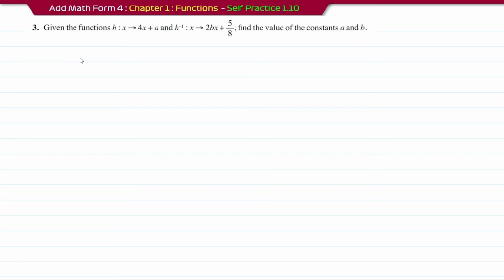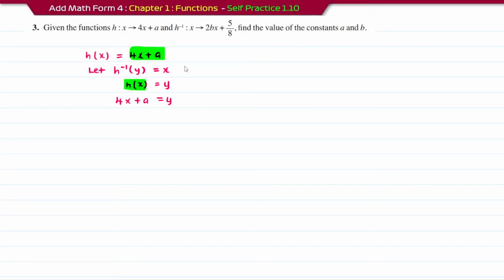So first, let us do the inverse of the function h. So first, let the inverse of h of y equal to x. Therefore, the h of x will be equal to y. So the h of x is the 4x plus a.